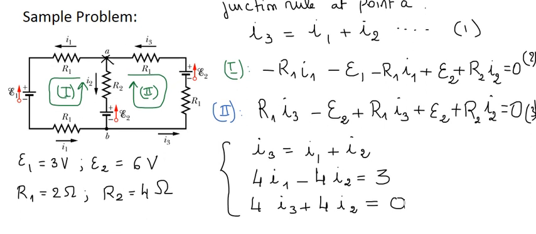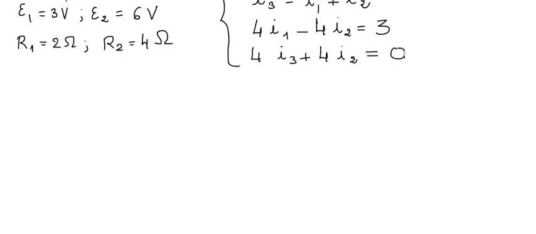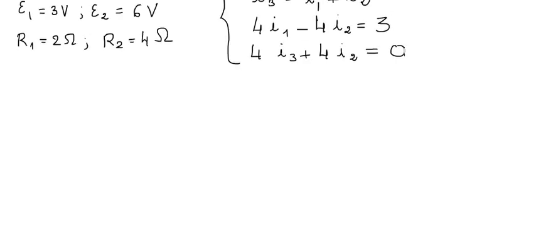So how to solve this kind of system of equations? We will use a method that you learned in calculus. Let me write the system again. So that's I3. Now it's just mathematics.